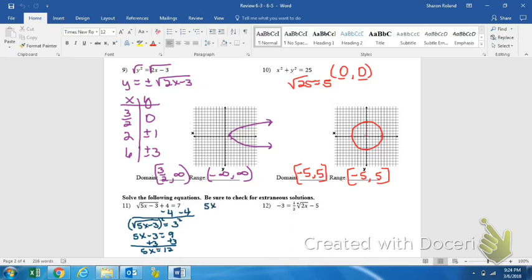I'm going to come over, rewrite it over here. 5x is 12. Divide both sides by 5. And so x is 12 over 5, or if you choose to, you could write 2.4. Okay, so this is your answer, but it says to check for extraneous solutions.